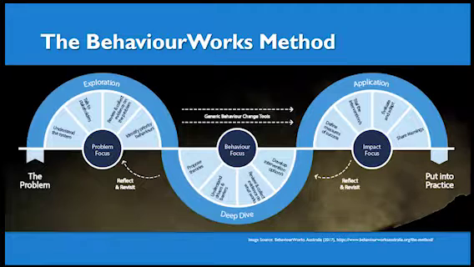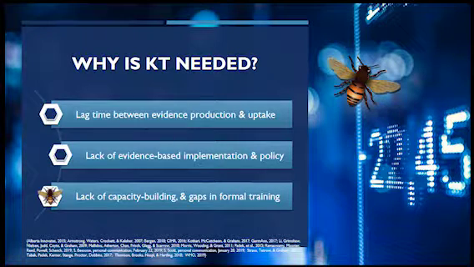So knowledge translation has emerged over the past 20 years or so in response to significant delays in the uptake of health research evidence into clinical practice, policy, programming, and services. The estimated average is about 17 years, but the range is estimated to be between 10 and 30 years. Now, think about that for a moment.